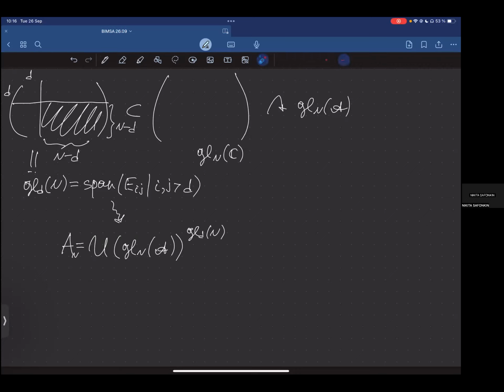Of course, this guy also depends on d. And I forgot to say that d is just a natural number which is fixed once and for all. All right, projections.